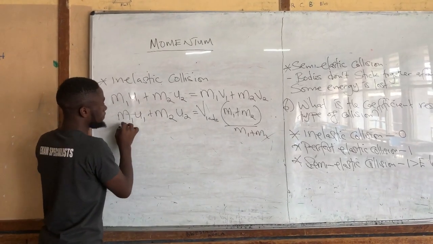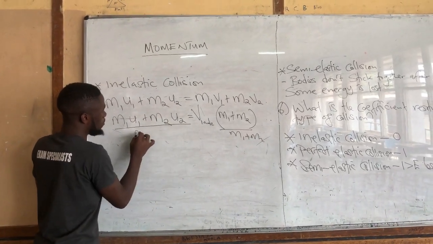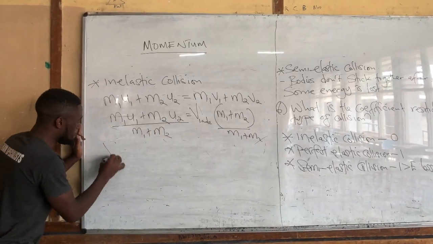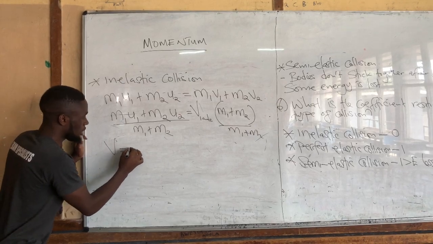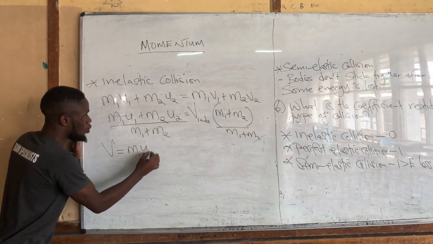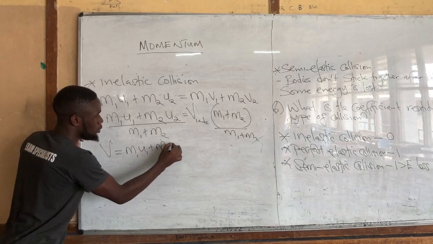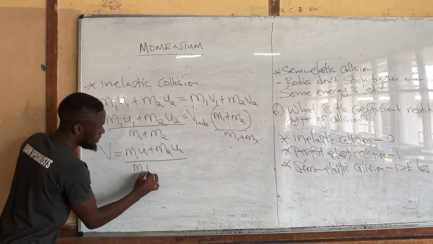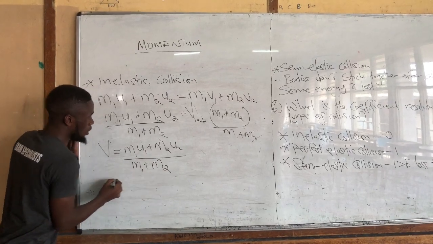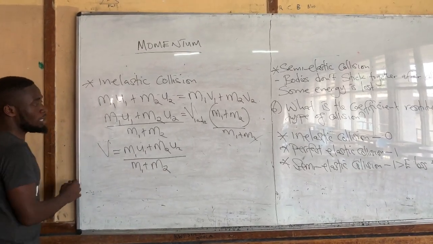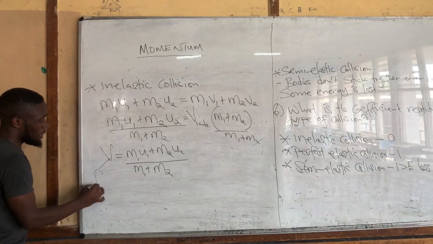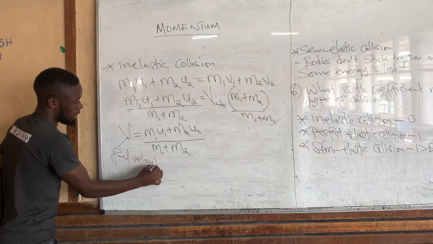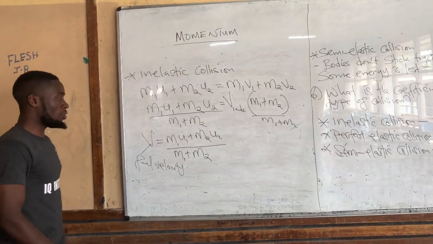So v is equal to m1 u1 plus m2 u2 over m1 plus m2. This is how you find the final velocity.